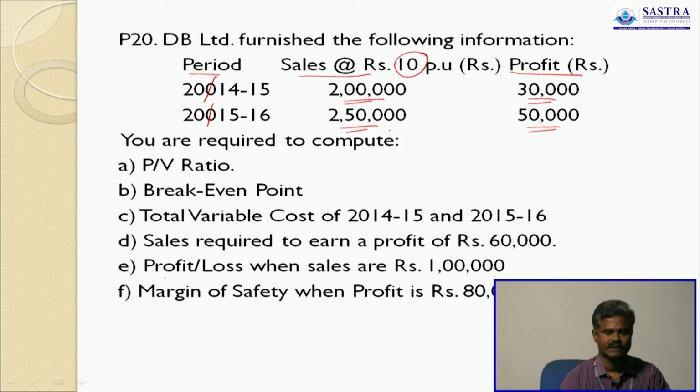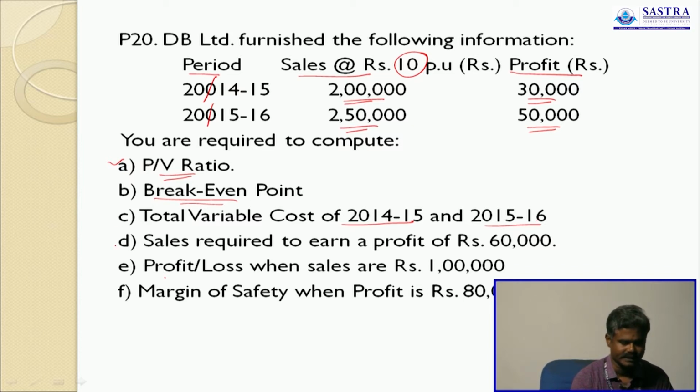Based on this information, they will ask you to calculate number 1, PV ratio, number 2, break even point, number 3, total variable cost of the period 2014-15 and 15-16. In both periods we have to calculate variable cost.